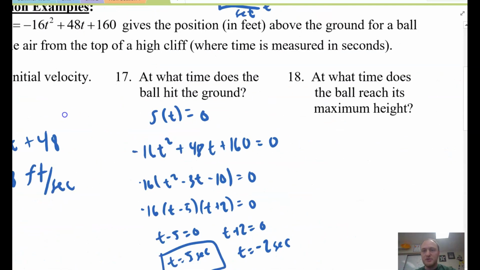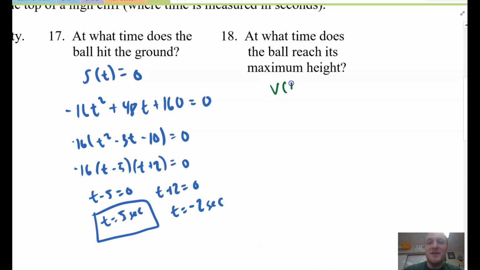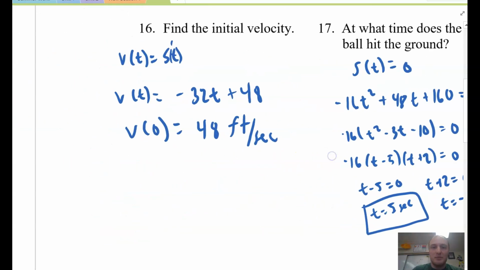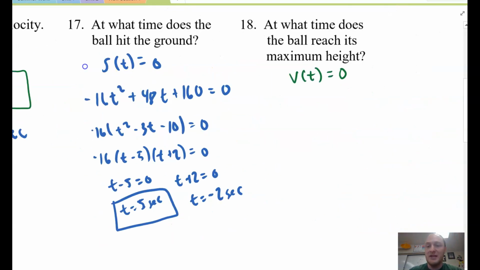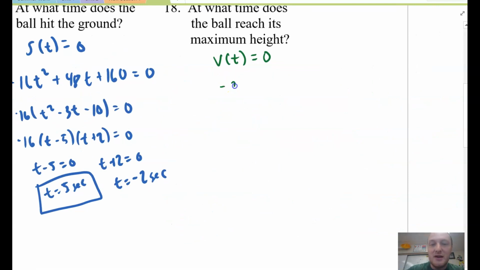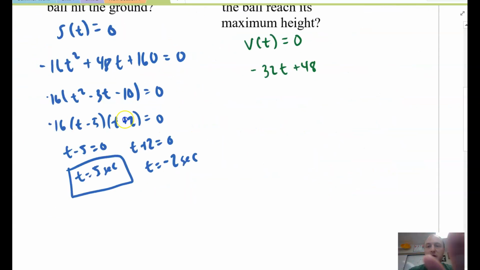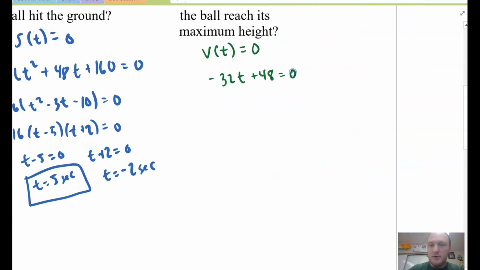So what I want to do is I want to know, when is v of t equal to 0? That's what I'm really interested in here, okay? So I'm going to go back over here. I'm going to steal v of t, which is negative 32t plus 48. And I'm going to say, when does it equal 0? Okay, and then we solve.